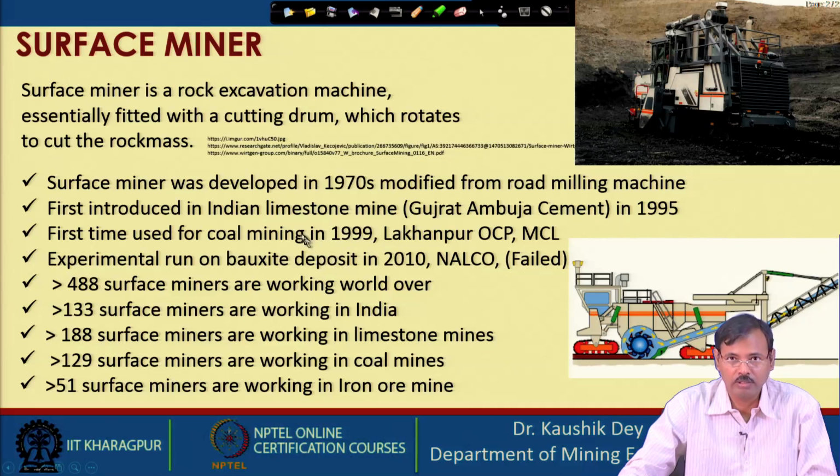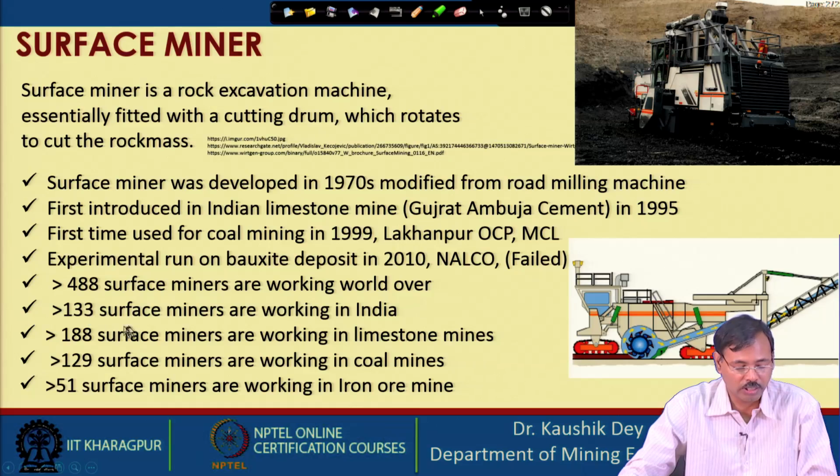Initially it was deployed at a very high price of 60 rupees per meter cube, but later it was found that the price reduced significantly, and 20 to 30 rupees per meter cube was also found profitable for mining with a surface miner. An experimental run on bauxite was carried out in 2010 in NALCO, but that experimental run failed.